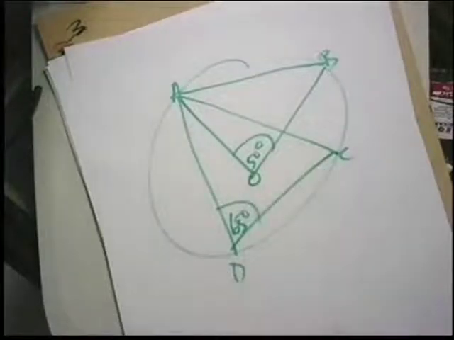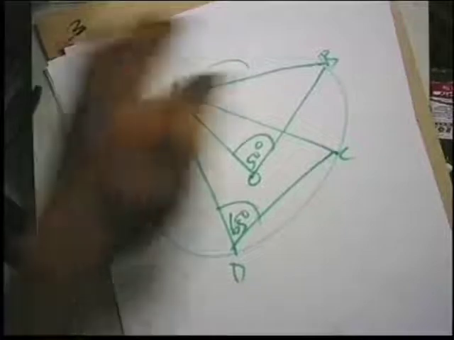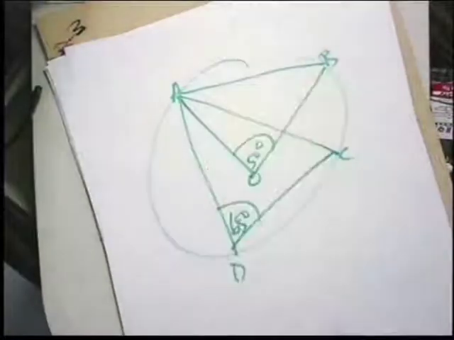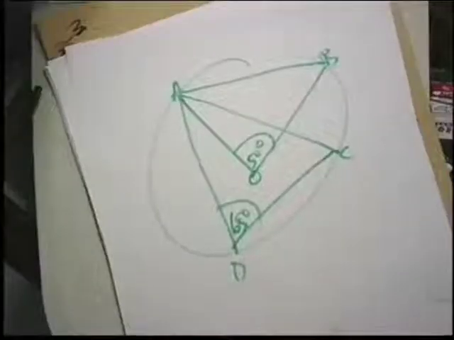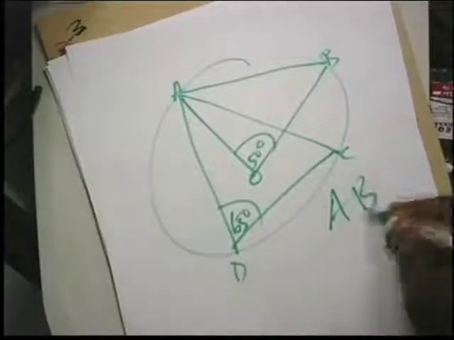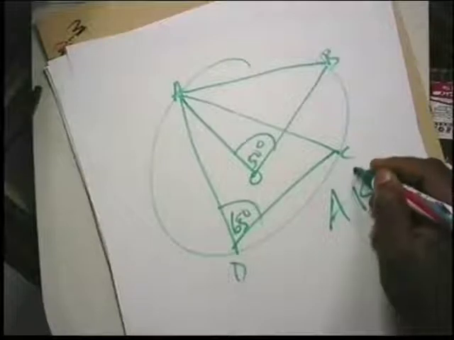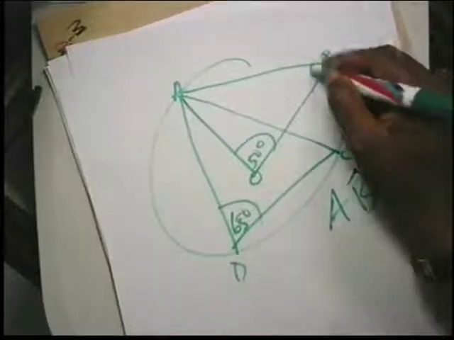Now, if I say O is the center, calculate the value of angle ABC. When a question says calculate angle ABC, the one in the middle is what I'm asking you to calculate, which is B, this one.